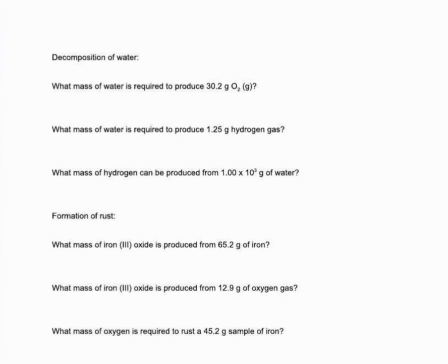The next one is the decomposition of water, which we have already balanced. Here it is. Like last time, I'm going to go ahead and calculate the molar masses ahead of time. Now, I don't really want to use the table because we're trying to get beyond that.